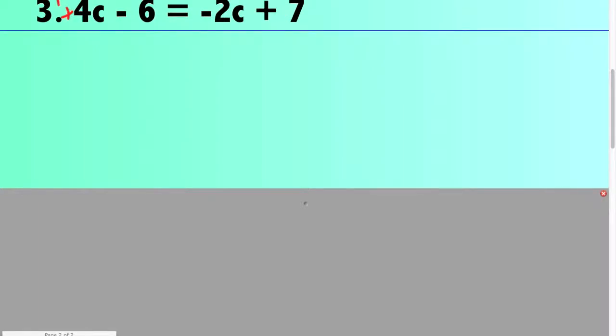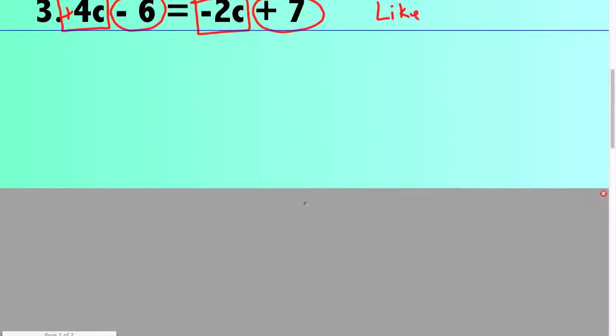So let's put our boxes around the variable terms. So positive 4c is a box because it has a variable, and negative 2c gets a box because that has a variable. And then I'm going to put a circle around anything with just a number, because those are separate. You cannot combine them because they're not like terms.